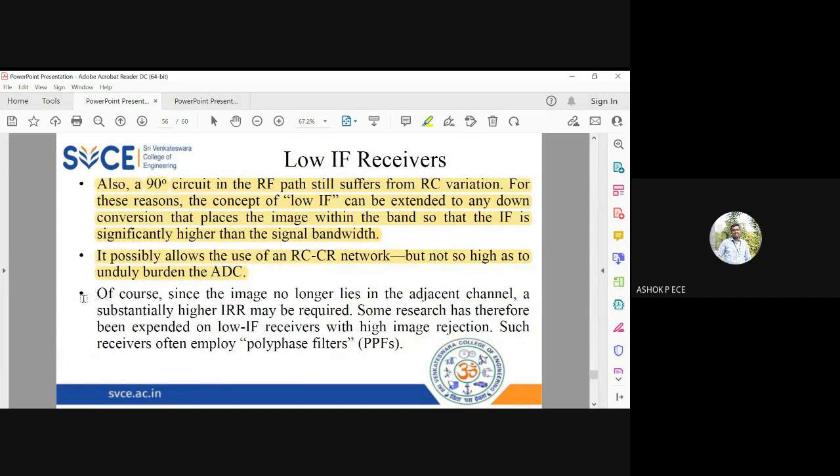Here the image is no longer near the adjacent channel, so a very high IRR is possible for this circuit. It is going to reject the image with very high supremacy. Such receivers are also called polyphase filters. So these are called polyphase filters, and they are going to have very high image rejection.